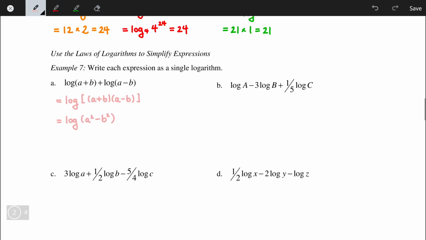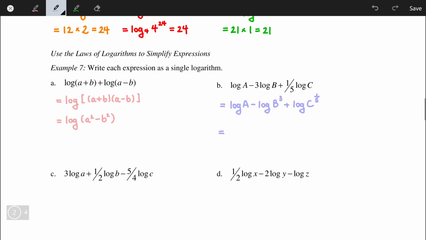Okay. Next example, we have log a minus 3 log b plus 1/5 log c. So here we can write the 3 as an exponent of b. So instead of 3 log b, we can have log b cubed. And likewise, with the 1/5 as well, we can write it as log c to the 1/5 power. And that is the 5th root of c.